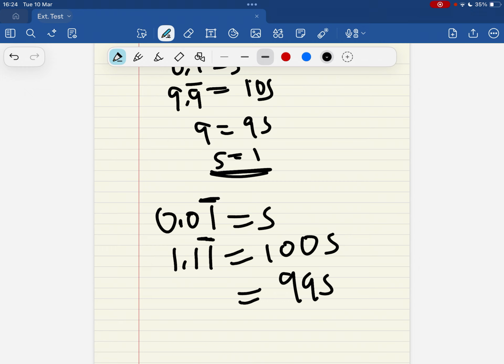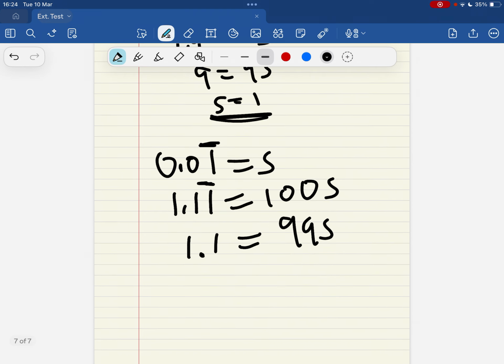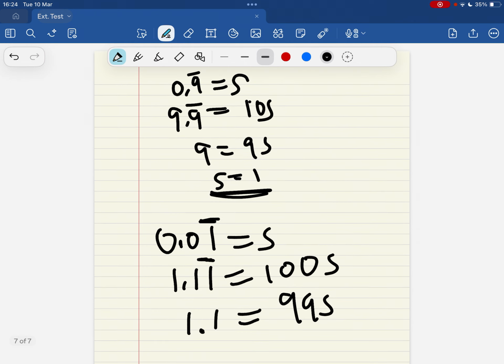It's equal to 0.01 repeated. If we're multiplying that by 100, that's equal to 1.1 repeated, right? And so we have 99s. Subtracting these two, we have 99s is equal to 1.1. And then dividing this over, we have, wait, no, that doesn't make sense.